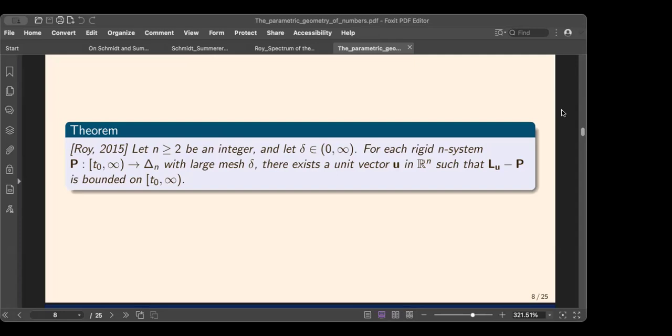So there is a theorem. They claim that if there is a family of templates satisfying something, then the set of matrices for which this family happens has something to do with Hausdorff dimension. They do not claim that if they have just a template which satisfies their condition, say including the valley-peak condition, then there exists a matrix for which L_U minus P is bounded.